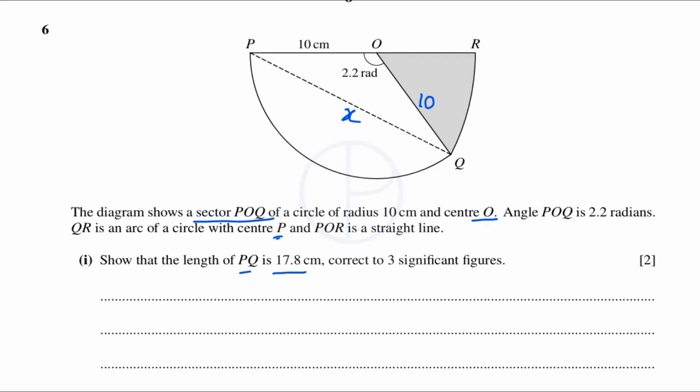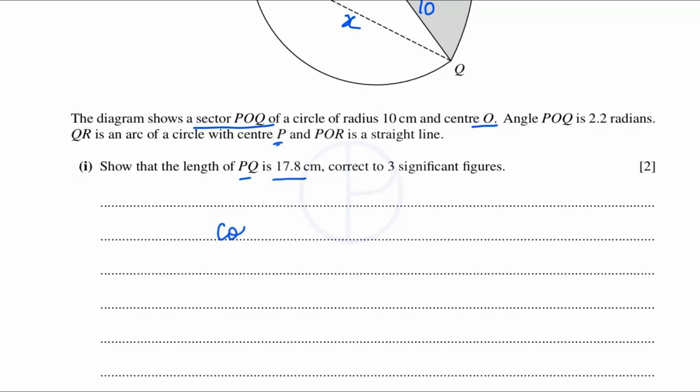Okay. Now we have two sides and one angle, and we need to find the third side. So we will use the cosine formula. So cos 2.2 is equal to 10 square plus 10 square minus PQ square. That is what we need to find. 2 times 10 times 10.